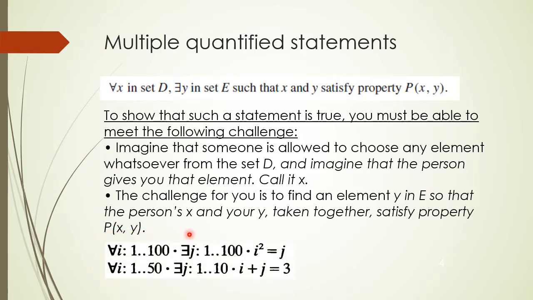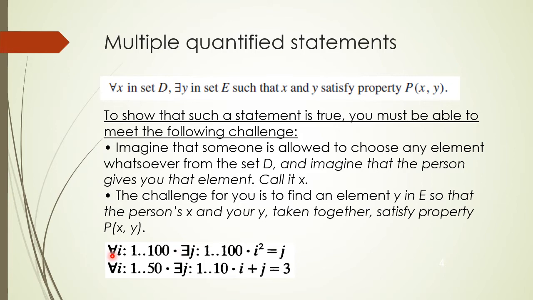Now we consider the following examples. These two examples are multiple quantified statements having the universal quantifier coming first, and then an existential quantifier.